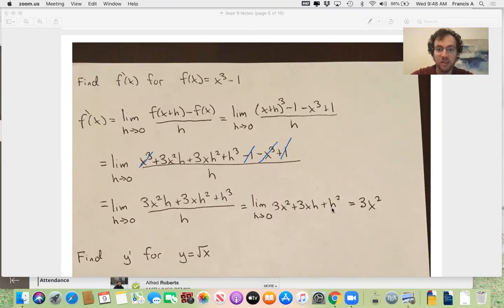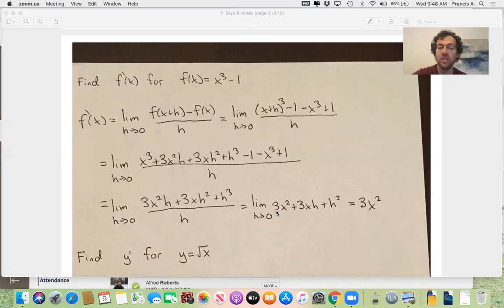once we're here, like before, this is the kind of limit we can find by evaluating. Here, evaluating looks a little strange because h is going to be 0, and the x's we don't do anything with. So in particular, when you put h equals 0 in, h squared becomes 0, 3xh becomes 0. 3x squared doesn't have any h's in it at all, so we don't do anything to that.